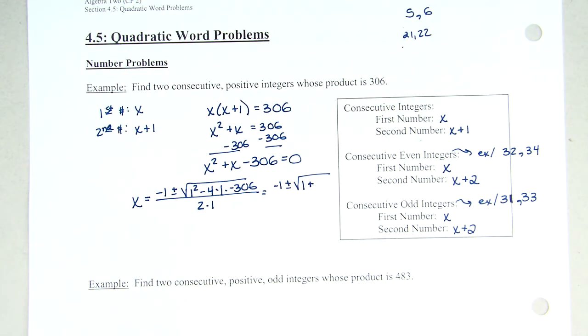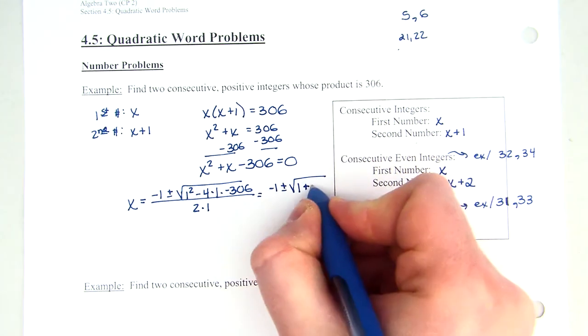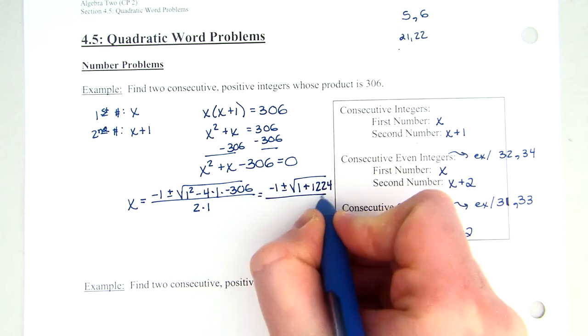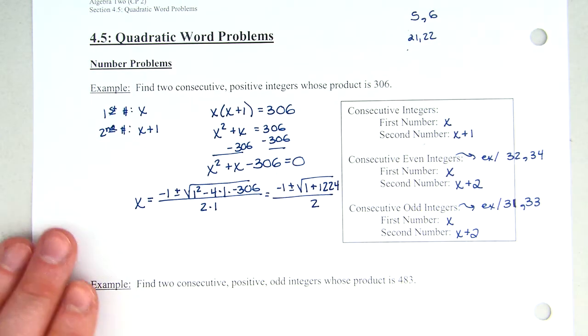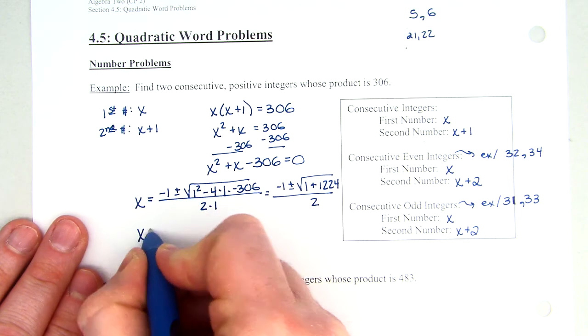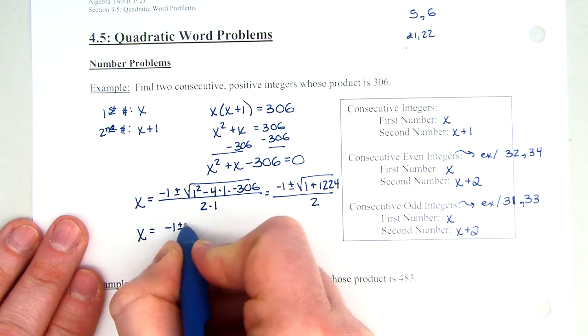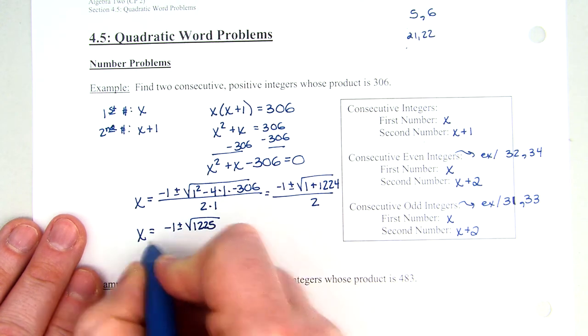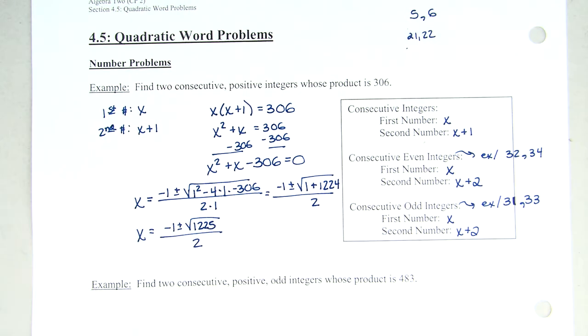Let's go to the calculator and figure out what this is. 4 times 1 times 306 is 1,224, plus 1 is 1,225, over 2. So I'm going to get x equals negative 1 plus or minus the square root of 1,225 over 2.